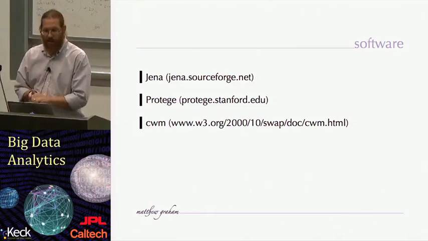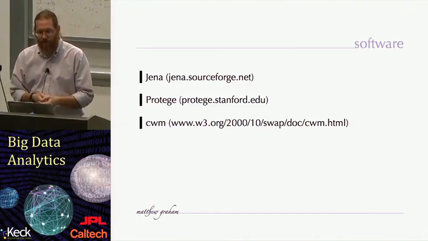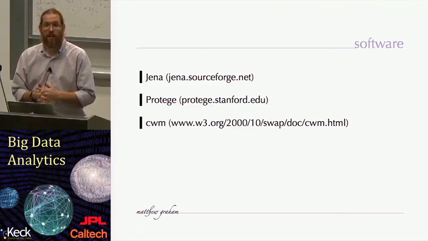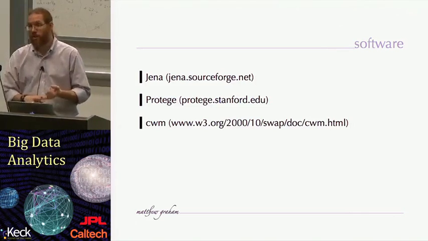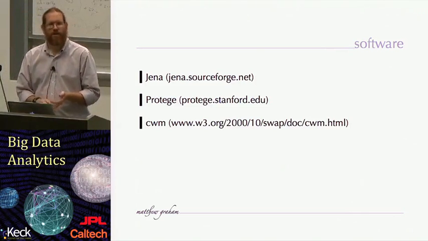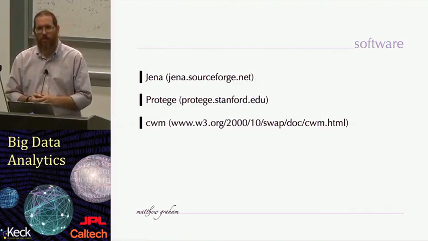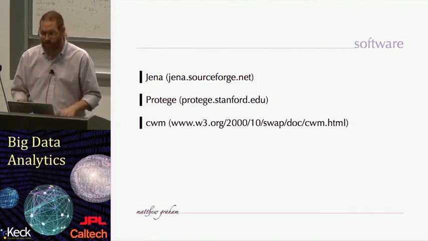And then there's an instance of an inference engine here, which is CWM at the bottom, which you may also want to have a look at. There are other inferencing engines like Pellet and HermiT, which have, I think, both Java and Python wrappers that you can use in your code base as well if you're working with RDF and ontological information.